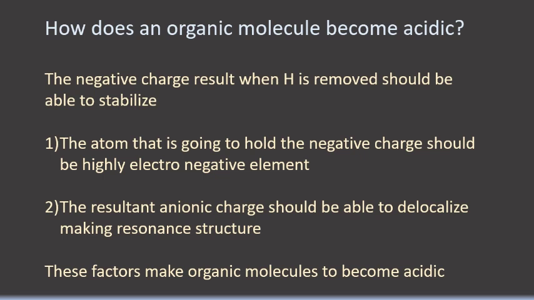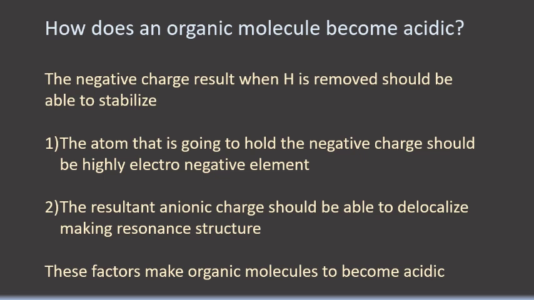The fundamental idea behind this is that once the proton is removed, the resultant negative charge should be stable. Now there are two main factors that help to stabilize that resultant negative charge. First one, the atom that is going to hold that negative charge should be highly electronegative, then it prefers negative charges.